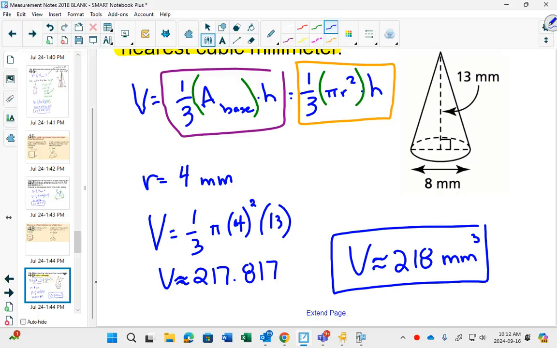Can you visualize a millimeter? It's pretty small. Can you visualize a millimeter cubed? That would be a little cube where all the sides are 1 millimeter.